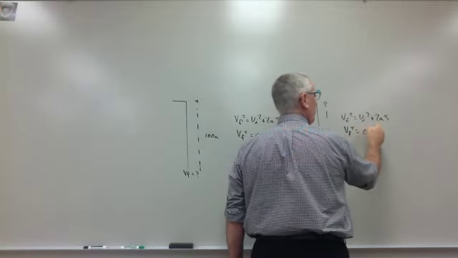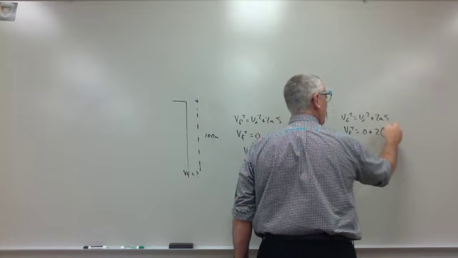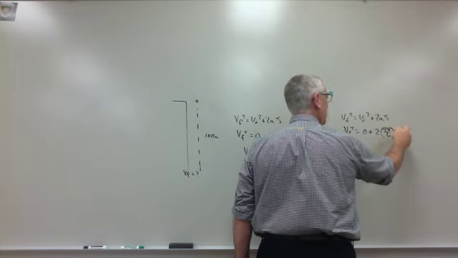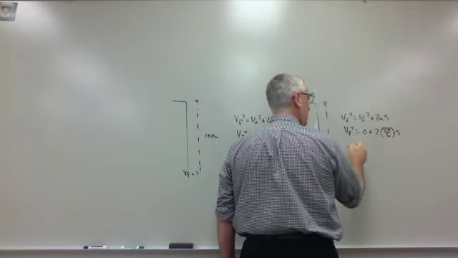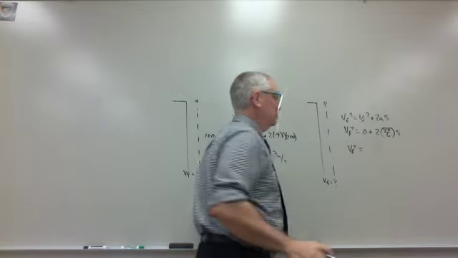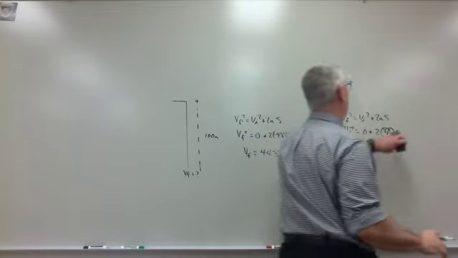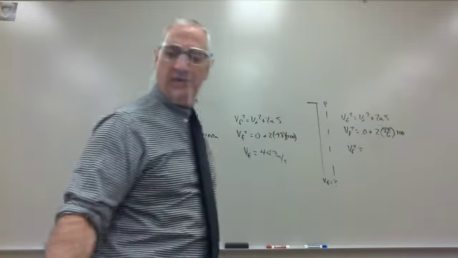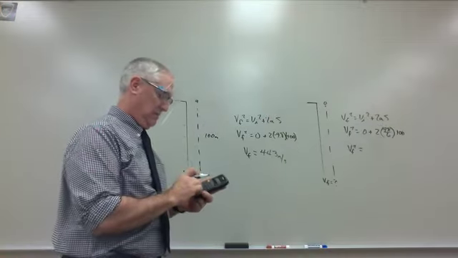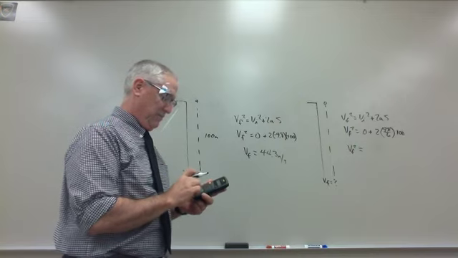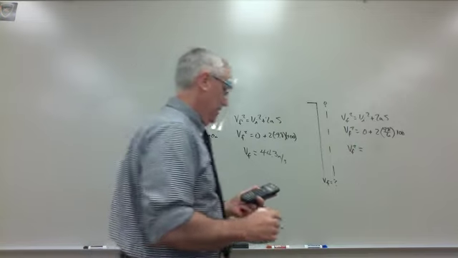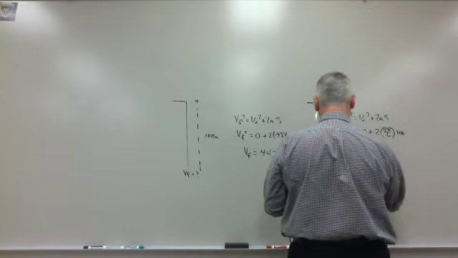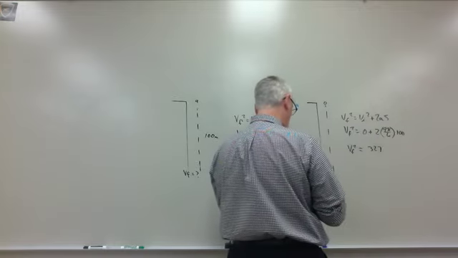VF squared equals 0 plus 2 times 9.8 divided by 6, distance S, and that S is 100. If we multiply that out, 9.8 divided by 3 times 100, it's 327, and I take the square root of that.